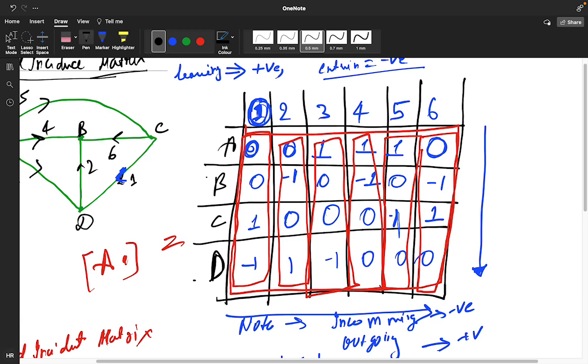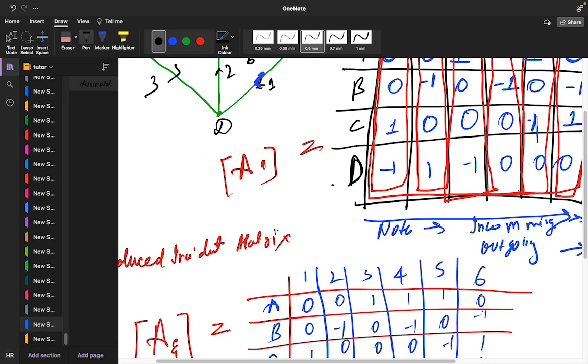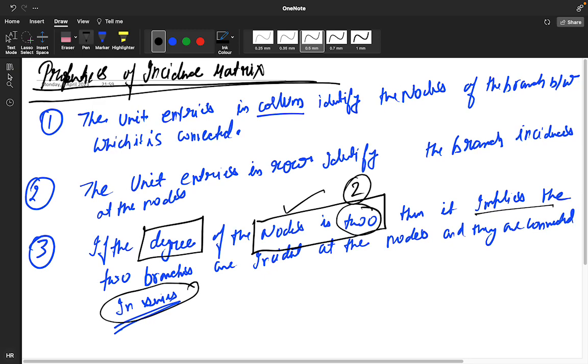Suppose if you are getting in any node, you have to see row wise, and you are getting only 2 values, that means its degree is 2. So that means that particular node will be connected in series. In questions we will see these things. I will tell you there, because here we are not getting this degree. For now, write it down like this.